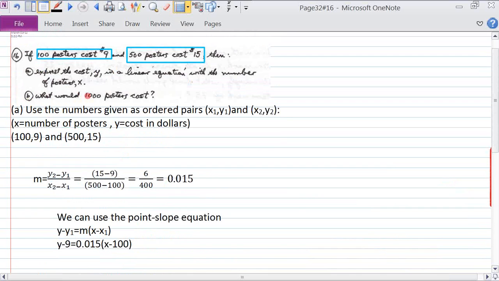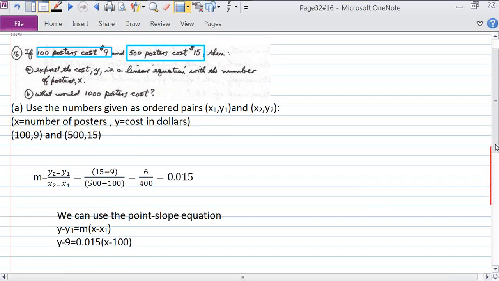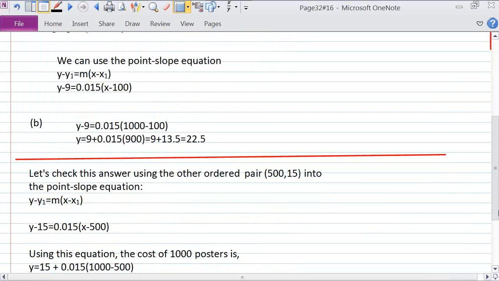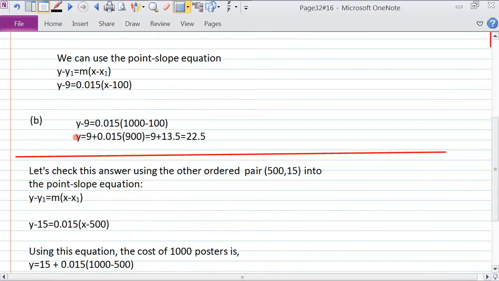What would 1,000 posters cost? So the question here is, if x were the number of posters and equaled 1,000, what would y be? So we go back to the equation that we generated right over here in part B, and we want to know the cost when x is 1,000. So we put x equal to 1,000 into this equation.